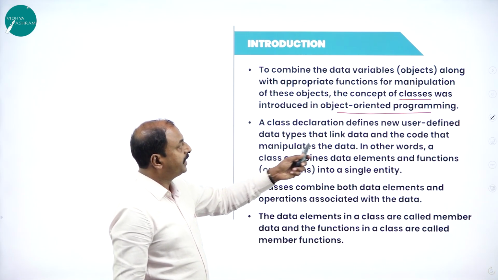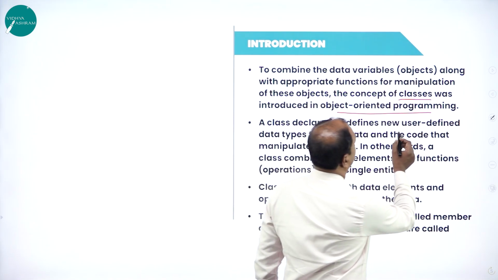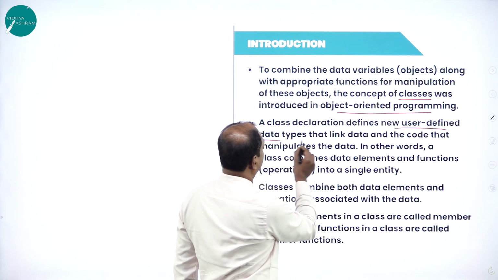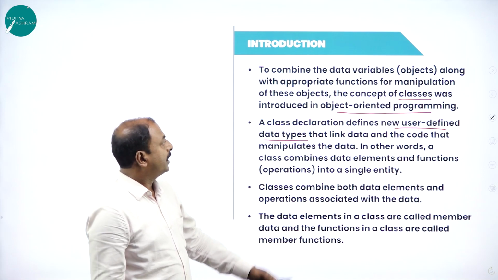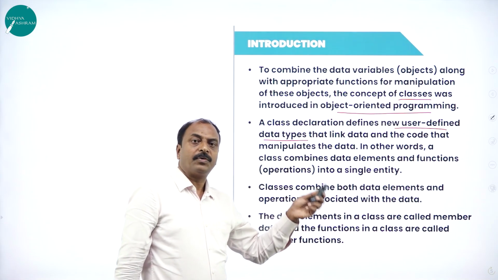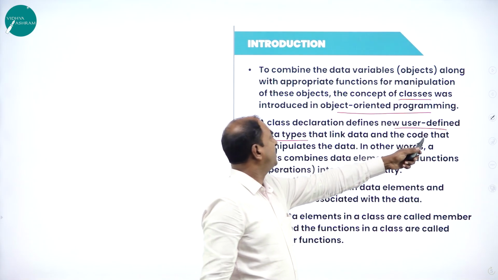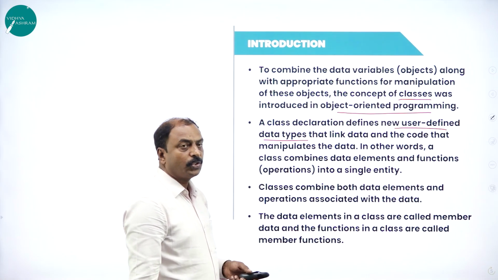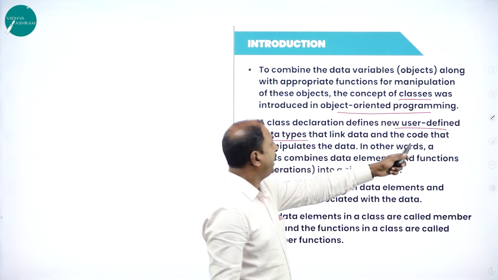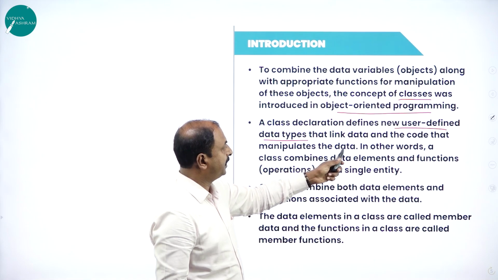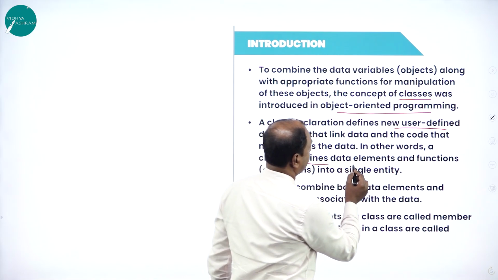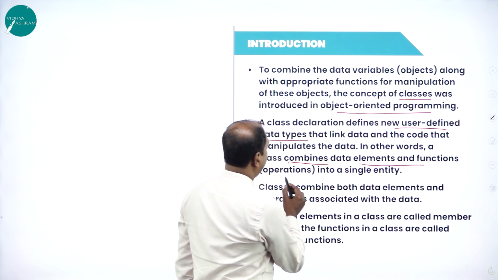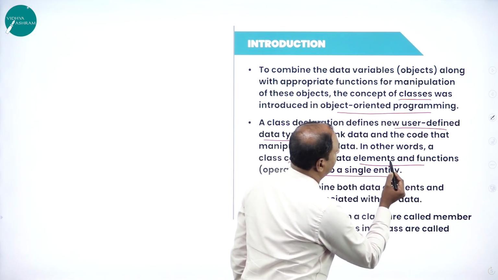A class declaration defines a new user-defined data type. And you know what data types are in programming. So if we use the concept of class, it is a user-defined data type that links data and the code that manipulates the data. In other words, a class combines the data elements and the functions into a single entity.